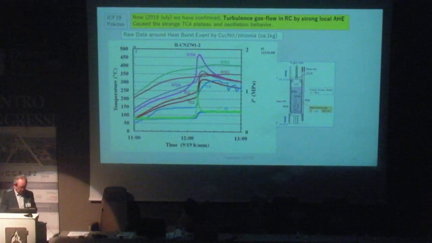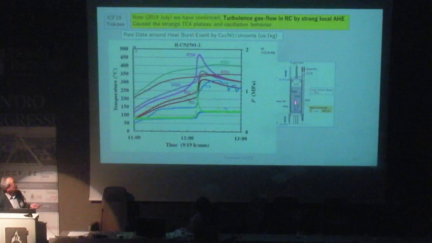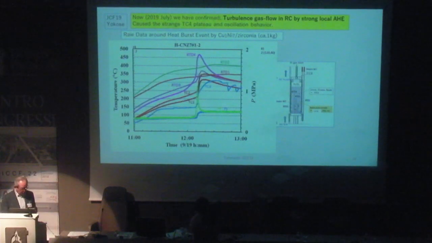We didn't understand why it happens, but later we found this is a kind of gas turbulence effect inside the reaction chamber. Because of the local strong excess heat, we have a strong stream of gas changing the path of the stream. That makes a big effect for calorimetry.